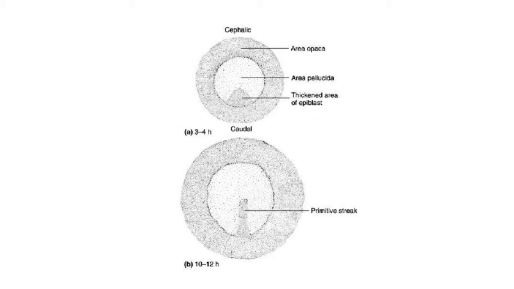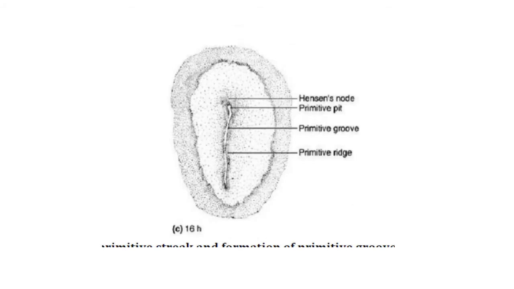So this is the condition at 3 to 4 hours, and at 10 to 12 hours a primitive streak is formed. The primitive streak extends from the posterior side, the caudal side, into the anterior side.